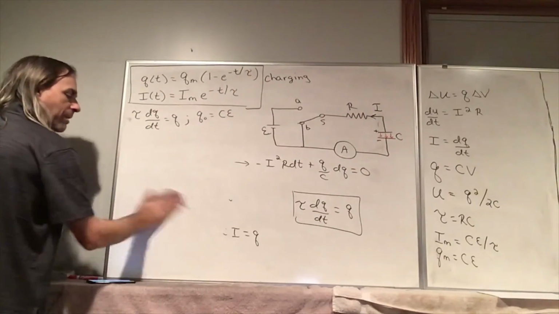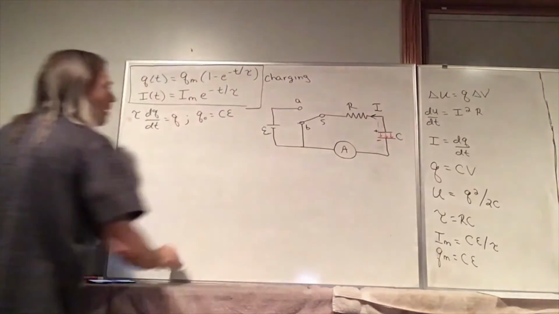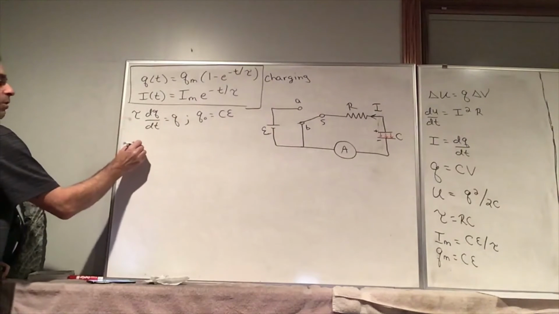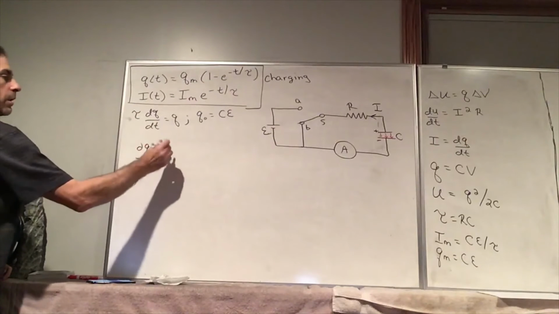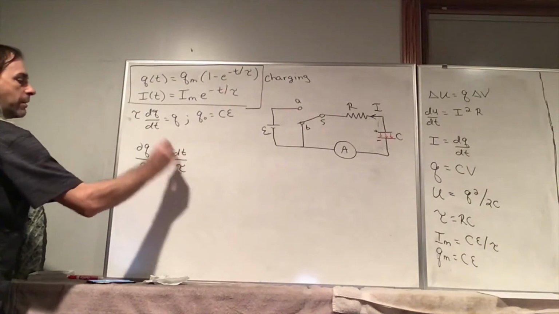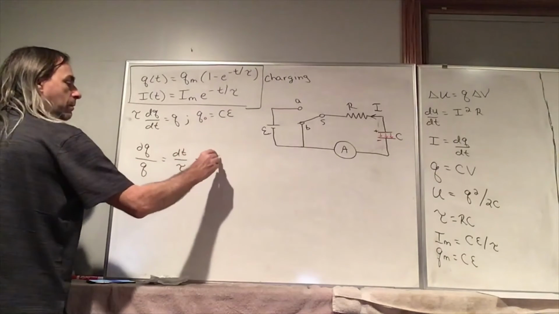Again, this one will be a little easier to solve than the last one. So let's rewrite this. We can say dq over q equals dt over tau. And now let's integrate both sides.